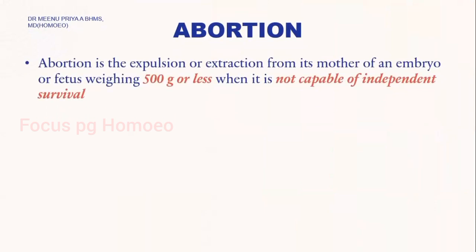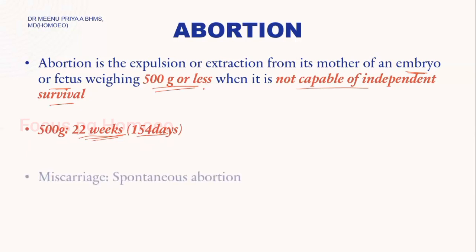Abortion is defined as the expulsion or extraction from its mother of an embryo or fetus, from the embryo till the fetus, weighing 500 grams or less, when it is not capable of independent survival. This 500 grams usually corresponds to 22 weeks of growth of a normal fetus, or 154 days. So abortion commonly occurs before 22 weeks.